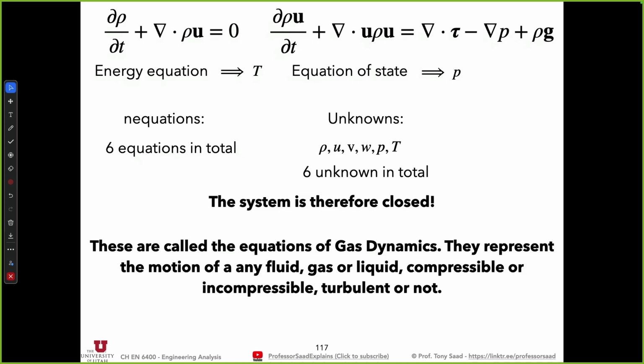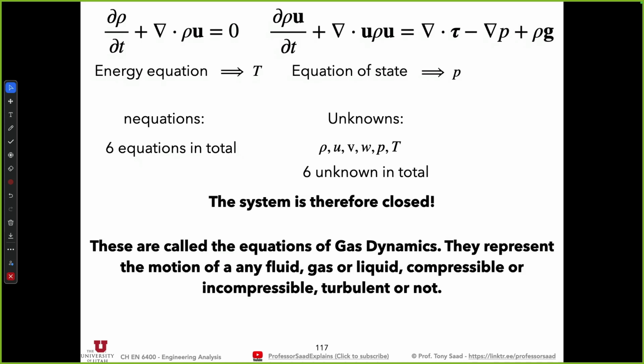And these equations in this form are called the general equations of gas dynamics. They work for compressible, incompressible fluids. They work for turbulent, non-turbulent flows. Inside of them, they contain all the physics that you need to solve any fluid flow problem. Now, when the flow is incompressible, certain things simplify, okay?